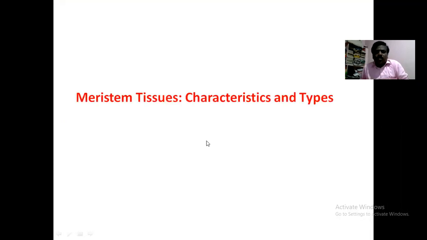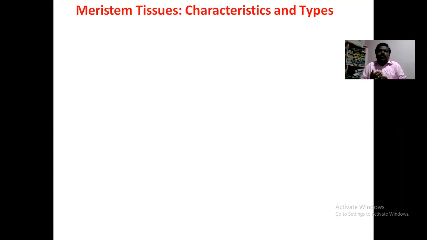Now we are discussing meristematic tissue: its characters and types. In the primary structure of the plant body, there are two types of tissue: meristematic tissue and permanent tissue.